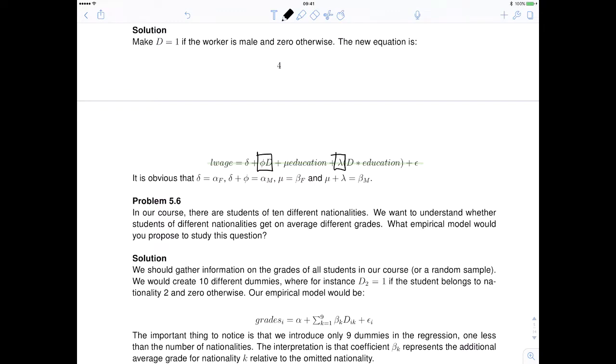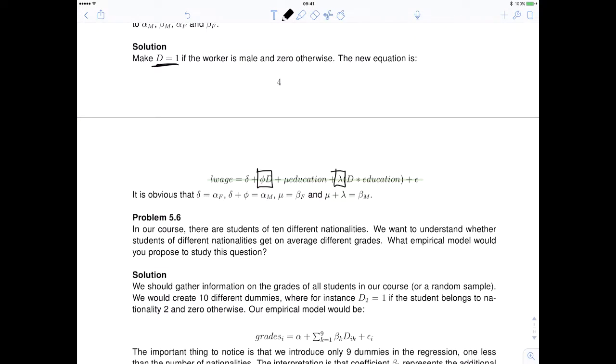What was D here? D is 1 for male. So when D is equal to 1, your log wage becomes delta plus phi plus mu plus lambda times education.